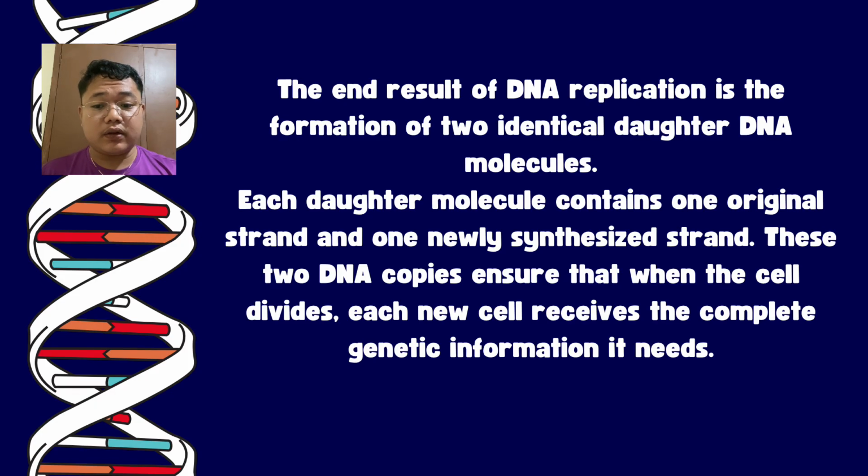The end result of DNA replication is the formation of two identical daughter DNA molecules. Each daughter molecule contains one original strand and one newly synthesized strand. These two DNA copies ensure that when the cell divides, each new cell receives the complete genetic information it needs.